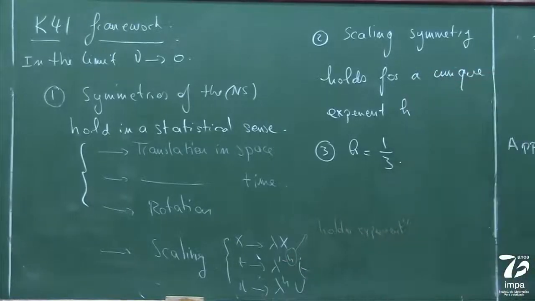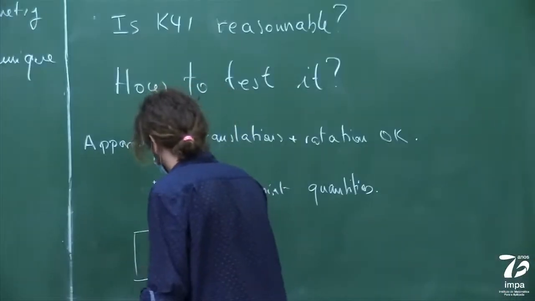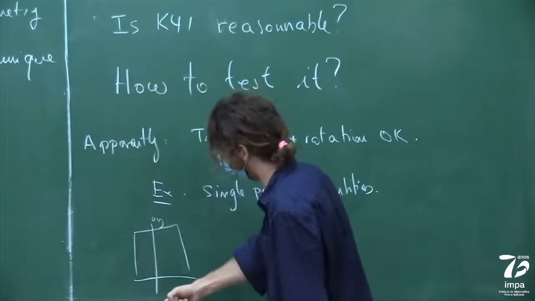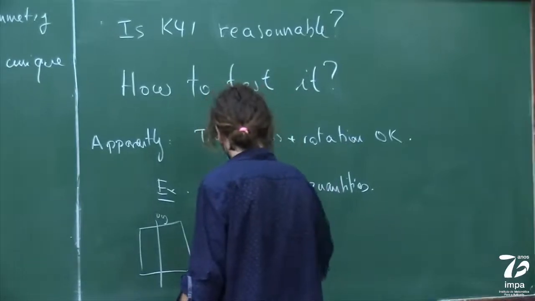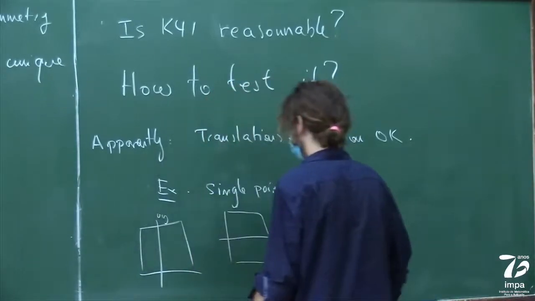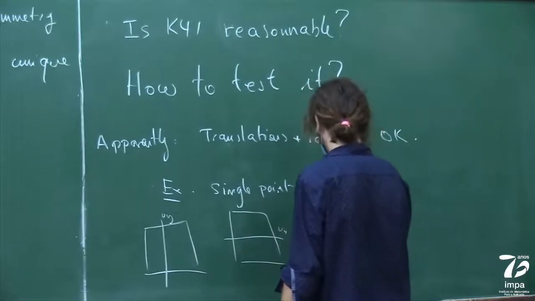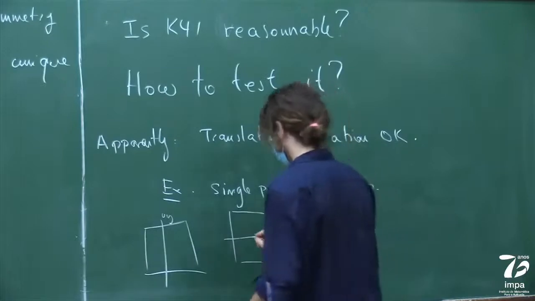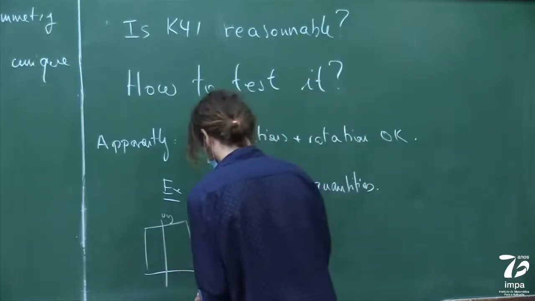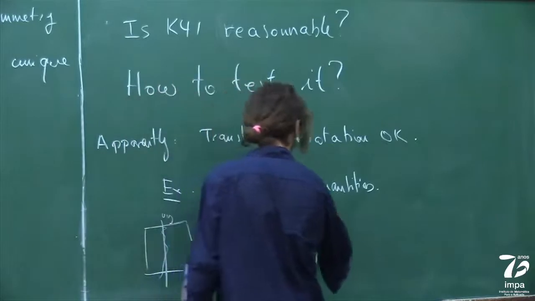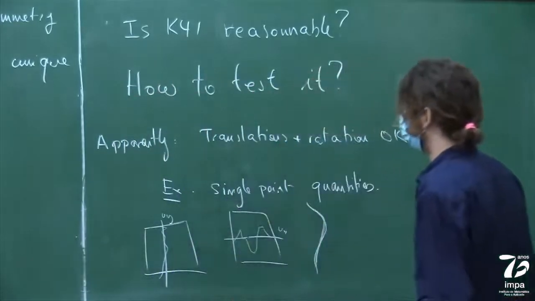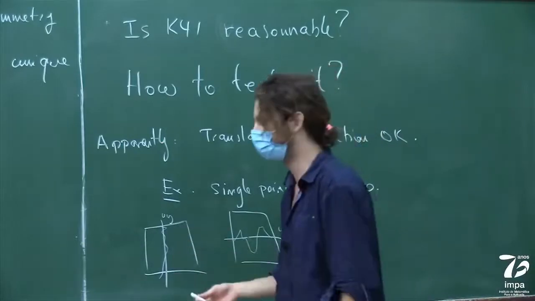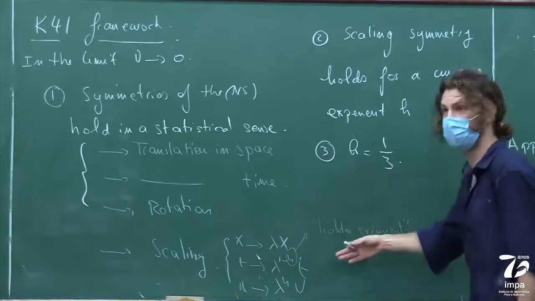And typically when we plot the PDF of ui along this direction, or the PDF of ux along this direction, we observe the same thing. So if there is a problem, or if there is something to check, it relates to the scaling symmetry.